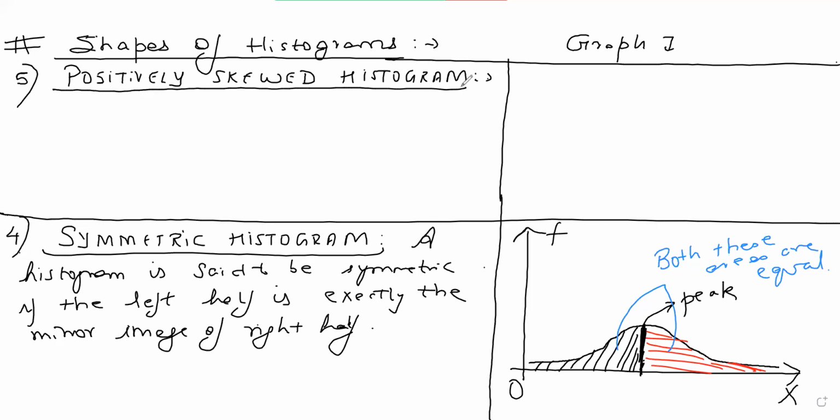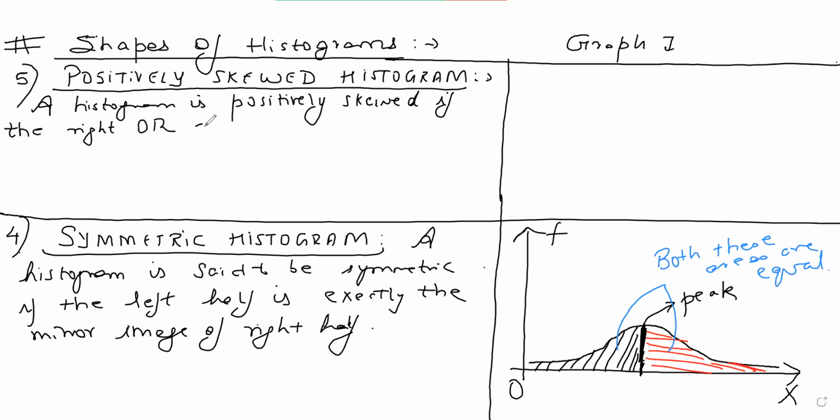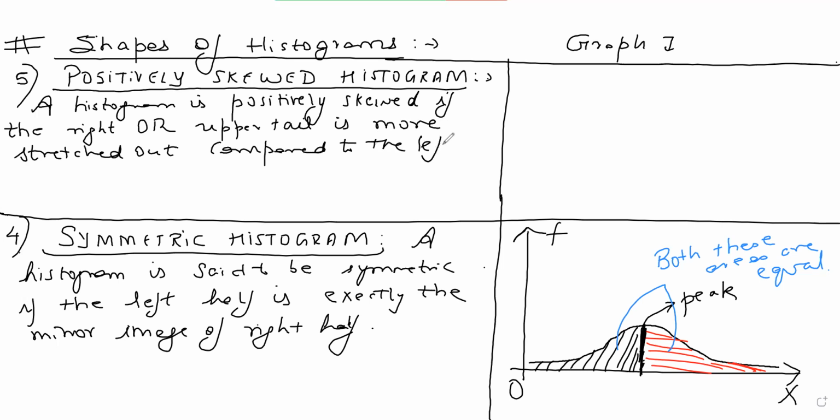Students can write that a histogram is positively skewed. A histogram is positively skewed if the right, or I can say the upper tail, is more stretched out compared to the left or the lower tail.